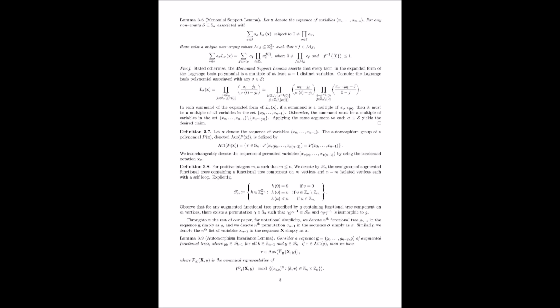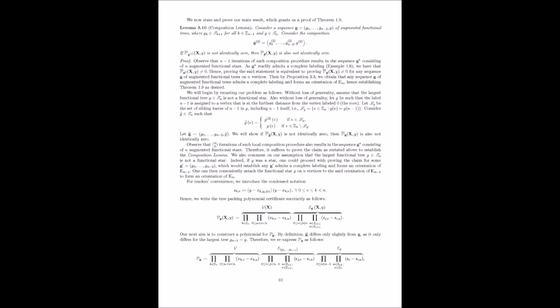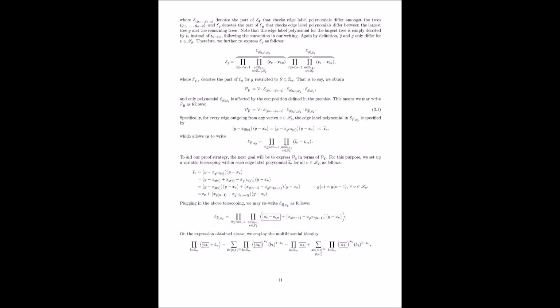And speaking of crucial, let's move on to lemma 3.6, which they've dubbed the monomial support lemma. This one dives into the specifics of those Lagrange basis polynomials we were talking about earlier. Remember how we were picturing them as building blocks? Yeah, those Lego bricks that light up for specific inputs. Precisely. Well, this lemma is all about understanding those building blocks in even more detail.